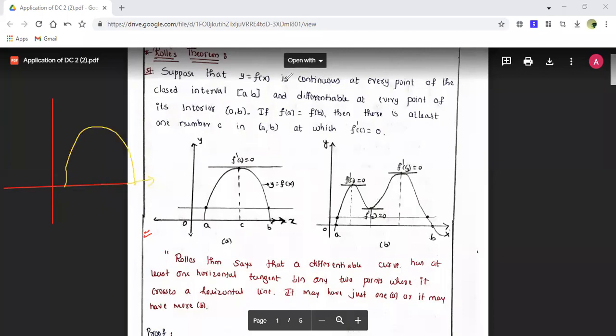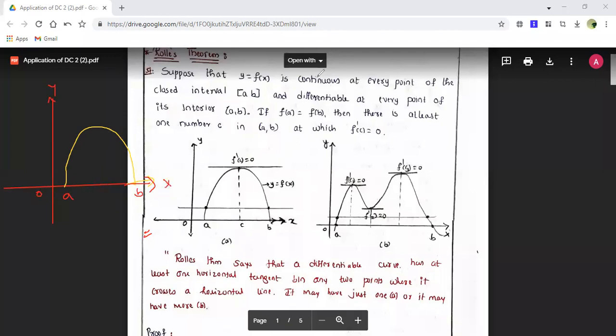I will take this point as A, this point as B, and this is our y-axis and this is our x-axis, and it is our 0.